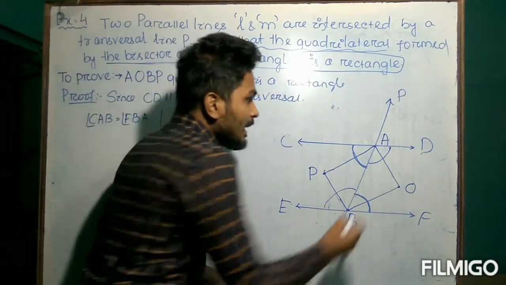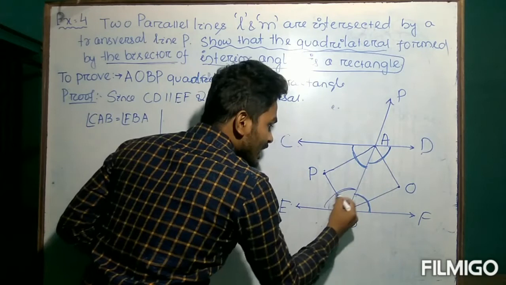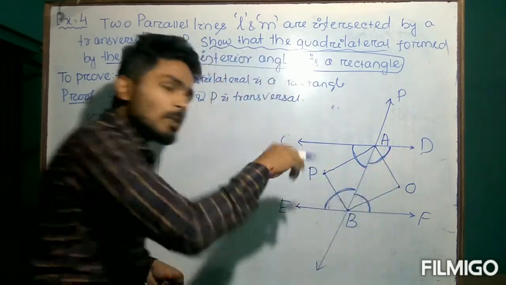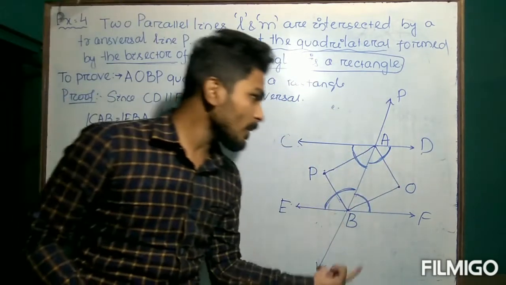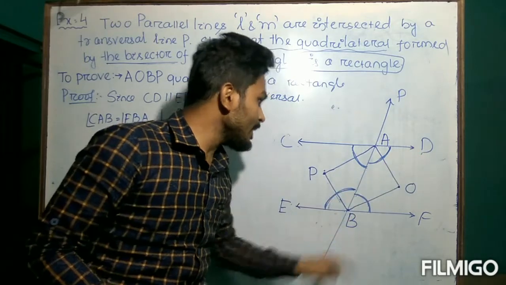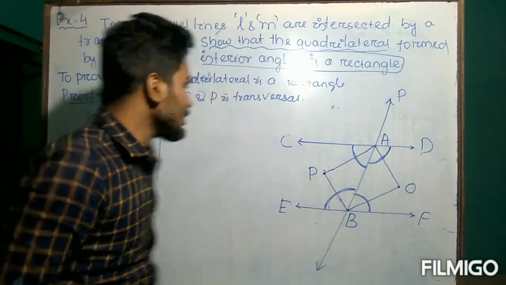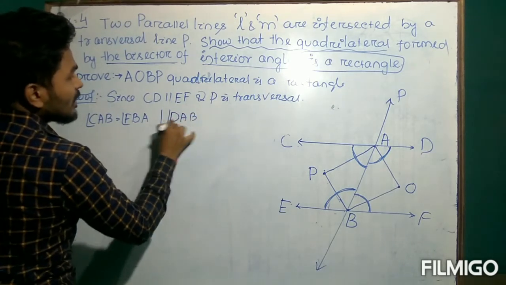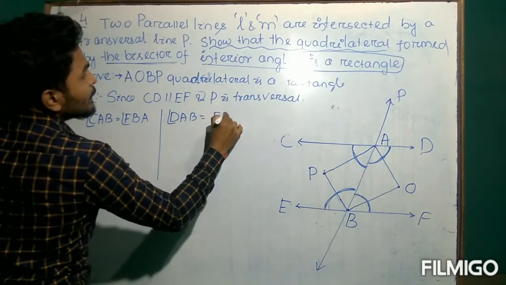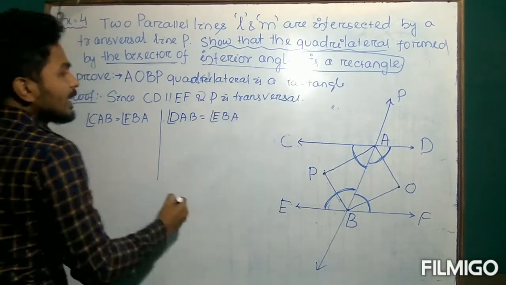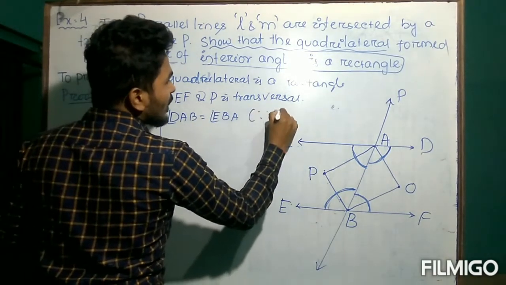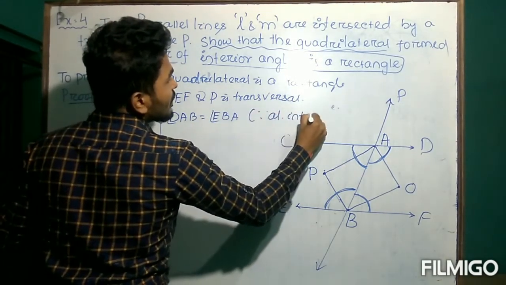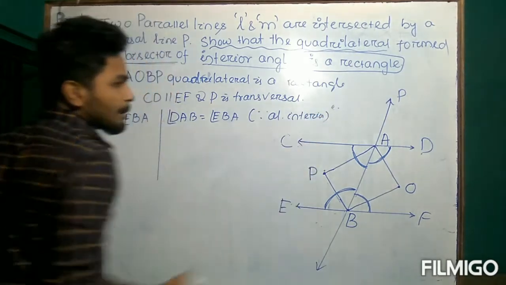Similarly, this angle and this angle, these two pairs of angles are also alternate interior angles and they are also equal. So you can write angle DAB is equal to angle EBA. You can write the reason that they are alternate interior angles.